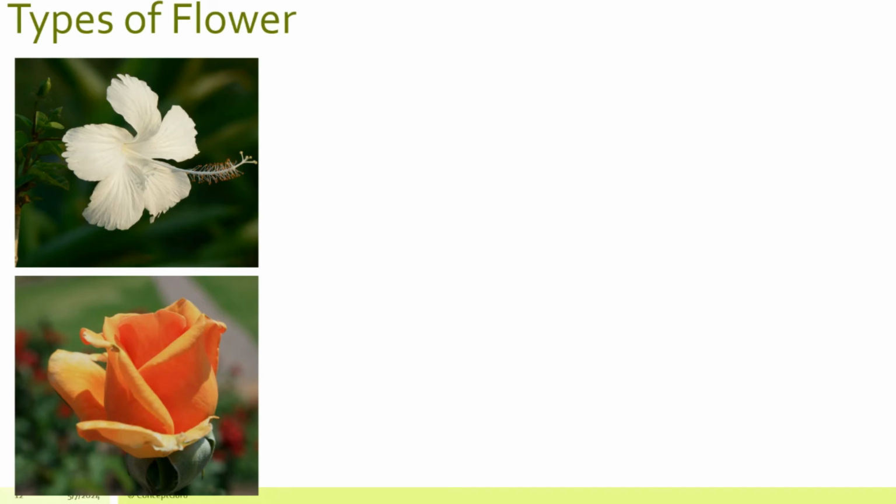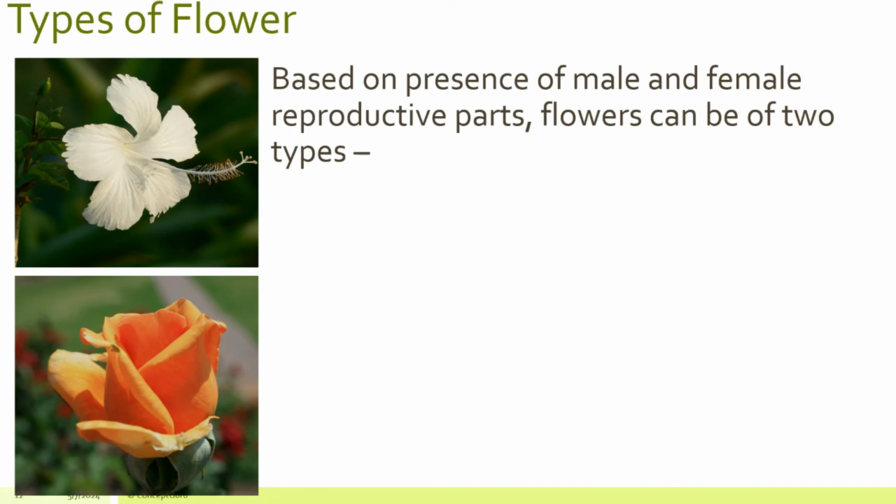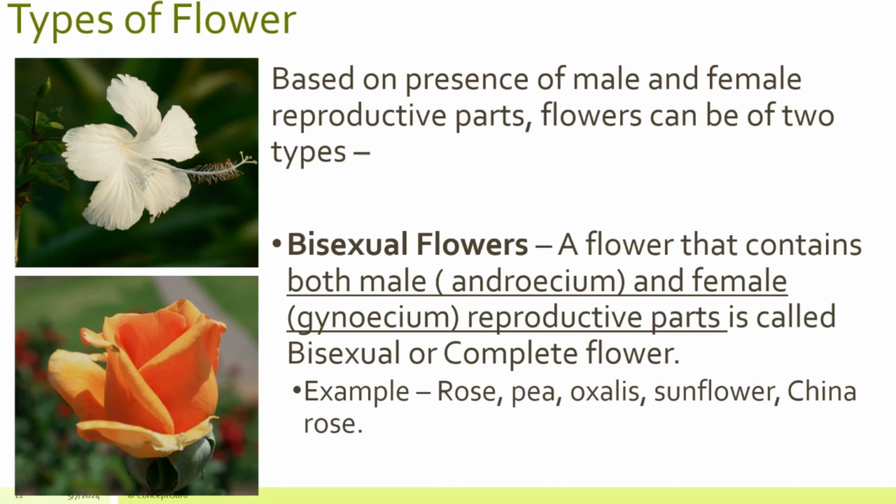Now, based on the presence of male and female reproductive parts, flowers can be of 2 types. A bisexual flower, a flower that contains both male and female reproductive parts, is called bisexual or a complete flower.